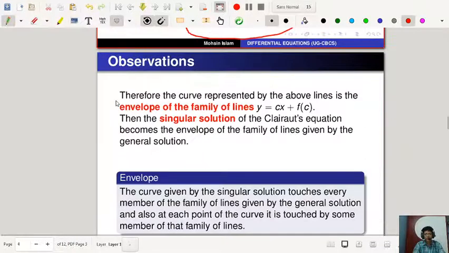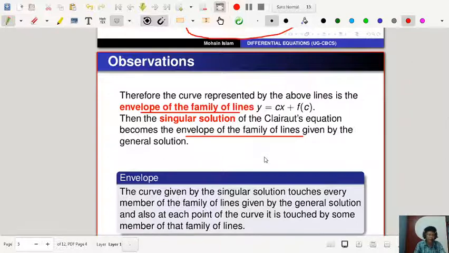So therefore the curve represented by the above is the envelope of the family of lines y equal to cx plus f of c. And you know the singular solution of the Clairaut's equation becomes the envelope of the family of lines. So what does the singular solution represent?